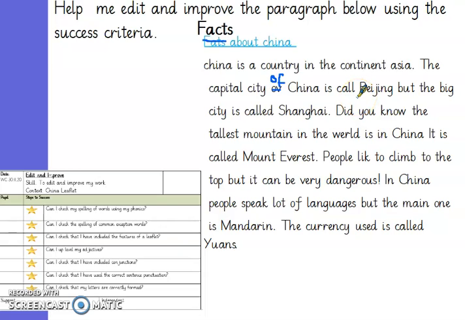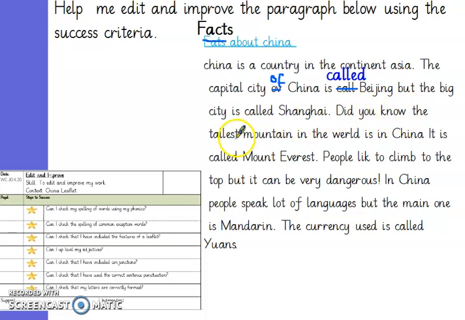Called is a word that has the suffix ed on the end, called. But the big city is called Shanghai.